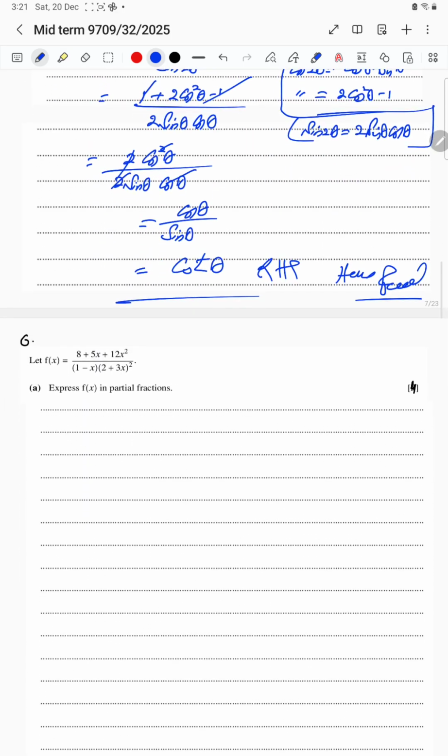Okay, this is the question. Express f of x in partial fractions. Very easy question, but unfortunately I found 1-2 students in the whole class who couldn't break this proper fraction into partial fractions. Here we have to resolve very carefully by applying certain rules of partial fractions, and there are 4 rules I explained in the class, so you can better revise those rules.